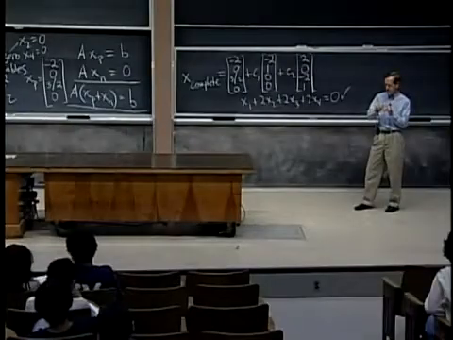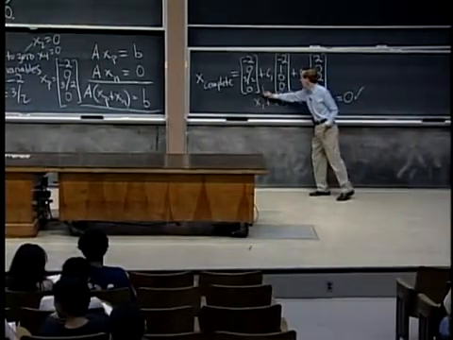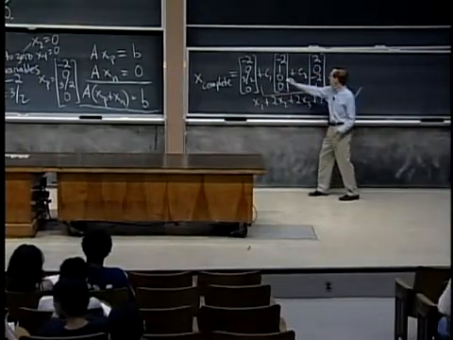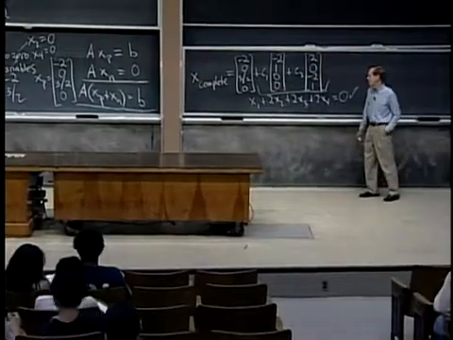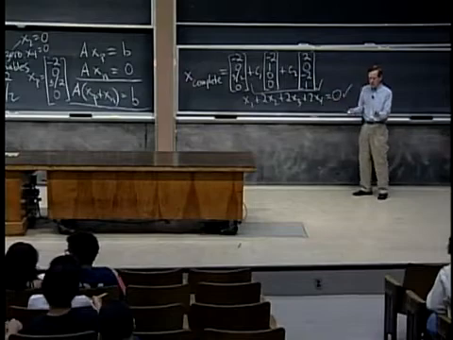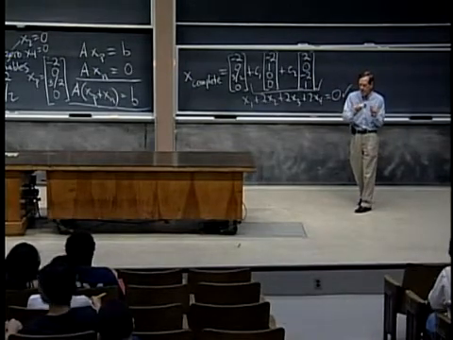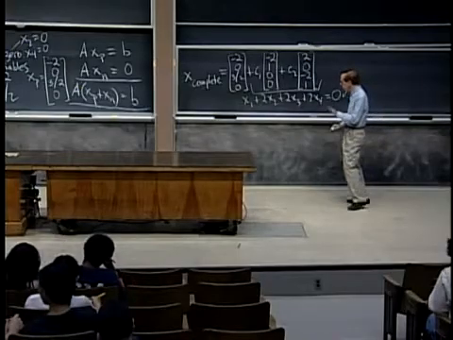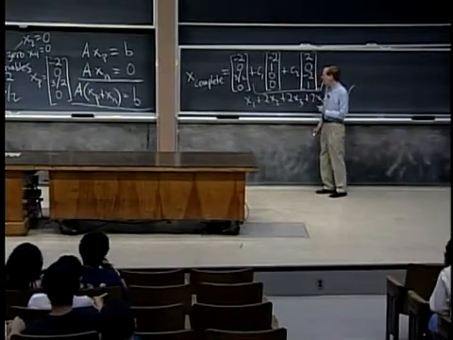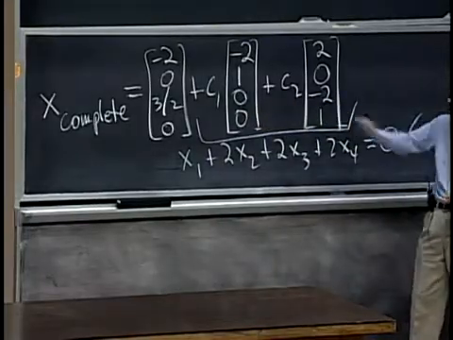The null space consists of all combinations of the special solutions, so this is xn. There were two special solutions because there were two free variables, and we want to make that count carefully now. But just while I'm up here, that's the kind of answer I'm looking for.